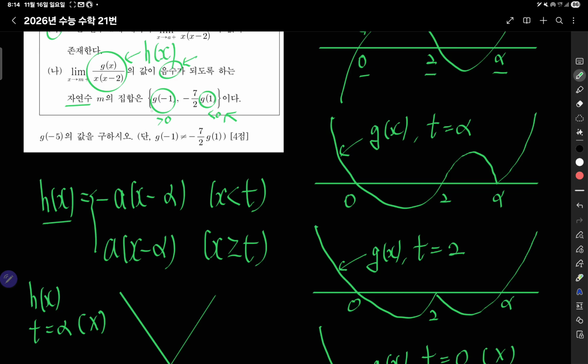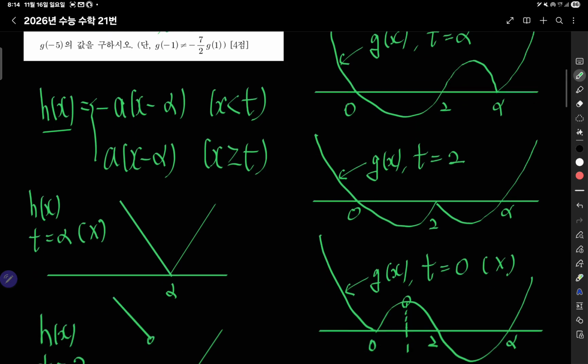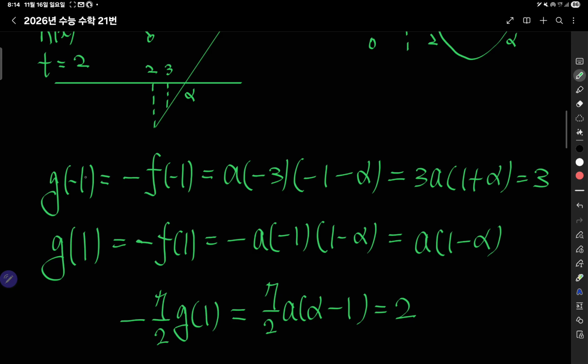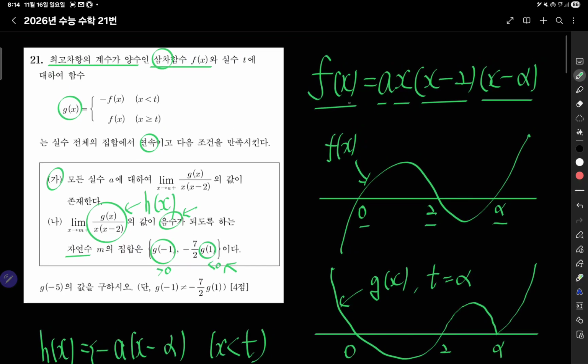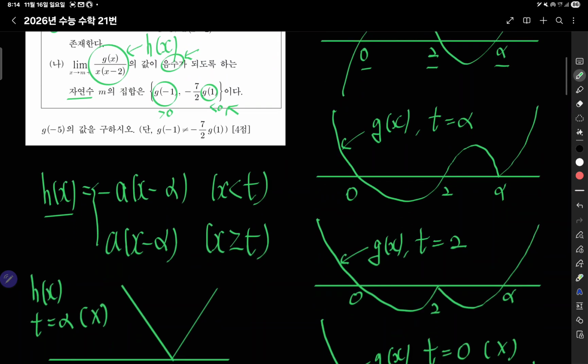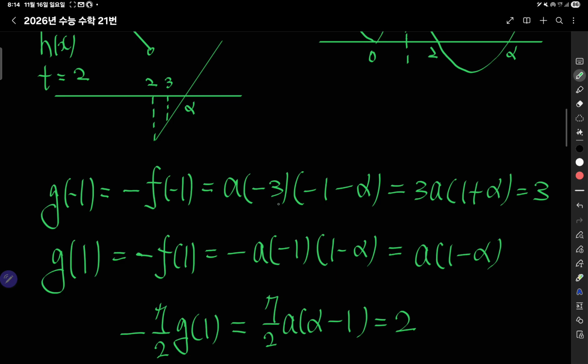So let's try to find the value of g of negative 1. Because negative 1 is less than 2, we need to use negative f of minus 1. So in this function, put negative 1 in place of x, keeping this negative sign, and that makes 3a times 1 plus alpha.